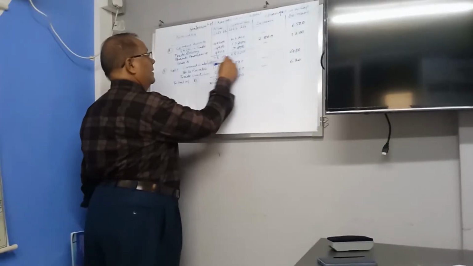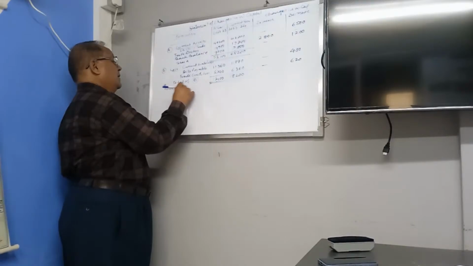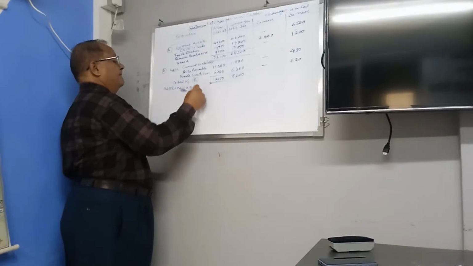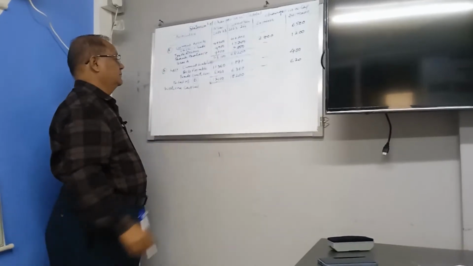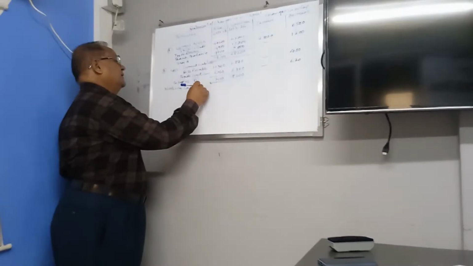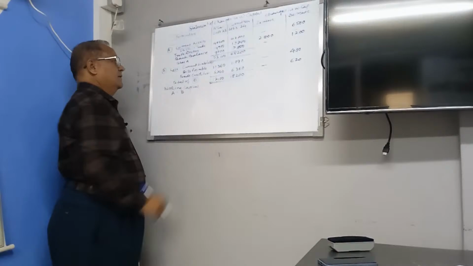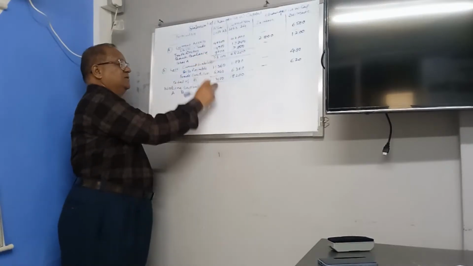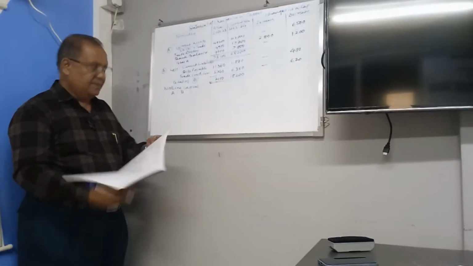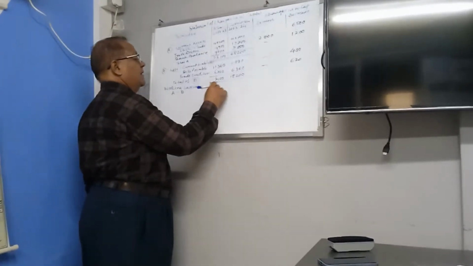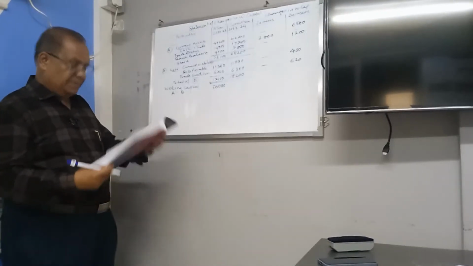Then working capital, A minus B. From this you deduct, 7,300 minus 1,700, you'll get 56,000 here. Then another will be 50,000 you'll get.